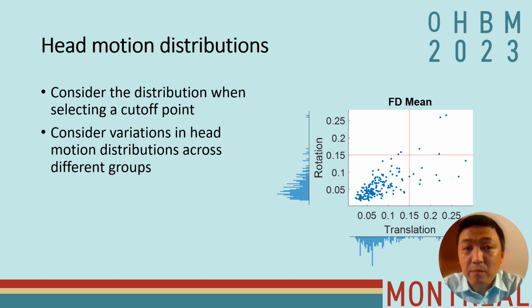And also, even though we can use a certain threshold, we may still introduce some bias that may end up with removing more subjects in one group but not the other group. So all of those need to be considered, and maybe in the group level analysis, we have to also include those parameters as a covariate to further control for those kinds of artifacts.